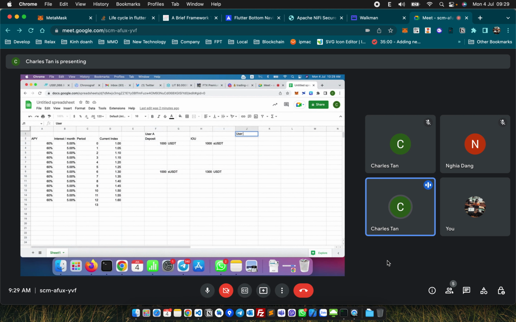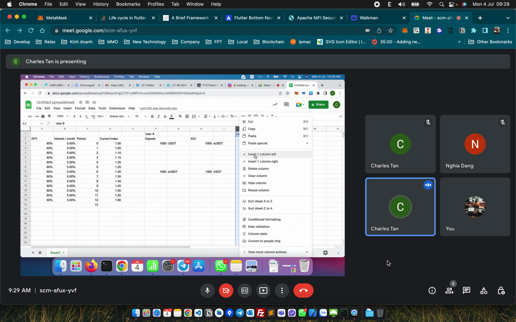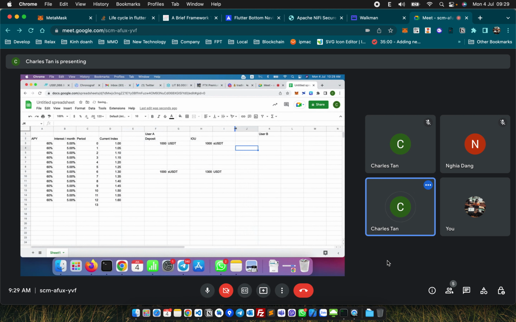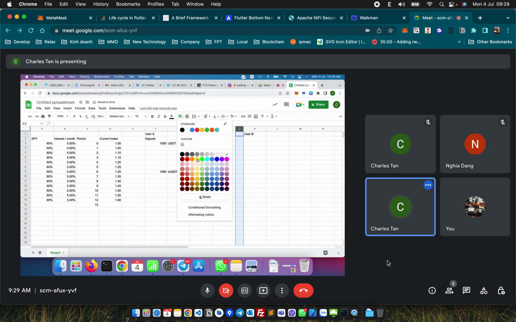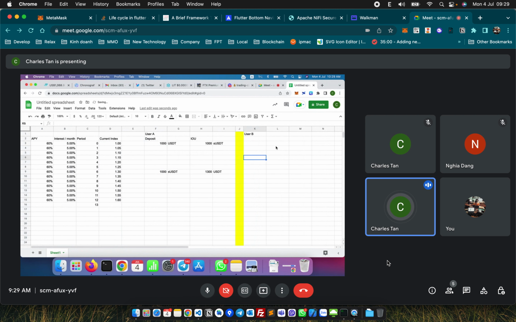So let's say, just to illustrate the point, if I use user B. Let's say user B comes in at month number 3, right? So month number 3, the index is 1.15. So if we now look at user B, I'm just going to create a little space here. Okay, so if we now look at user B, let's say he comes in at month number 3, and he does the same thing.